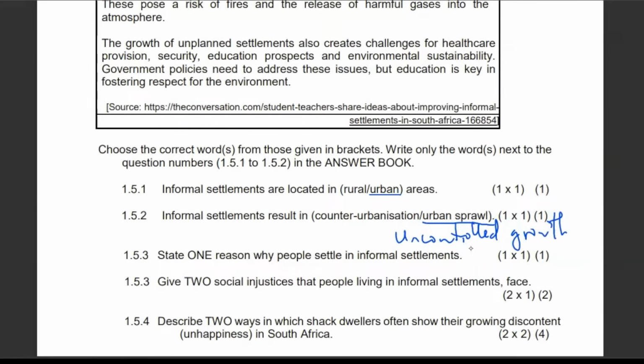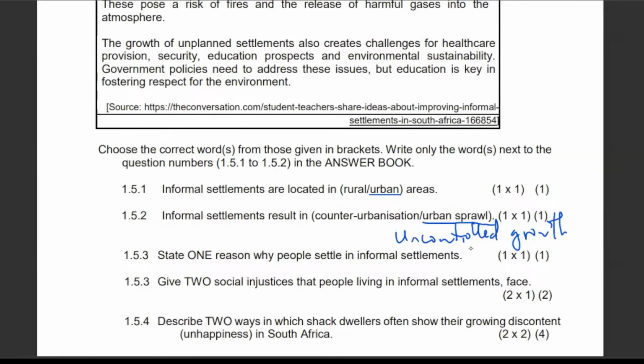It means people just settle wherever they feel they can settle without the approval of the authorities. And as such, that will give a formless, shapeless growth of the urban area, which is uncontrolled because the informal settlements are just an invasion of land around the urban areas. So that is urban sprawl.